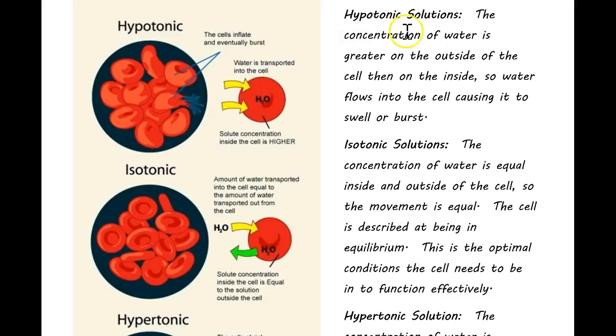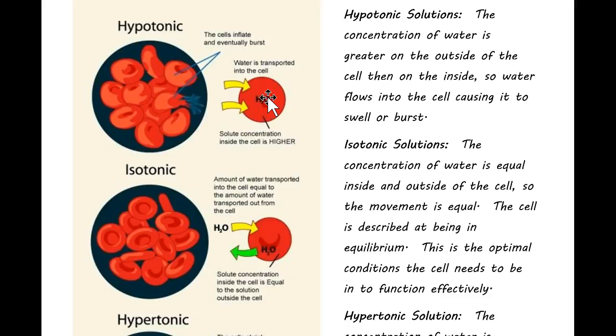So this is a hypotonic solution where the concentration of water is going to be more on the outside of the cell than it's going to be on the inside of the cell. So there's more water here and there's less water there. So the movement of water is going to go into the cells.